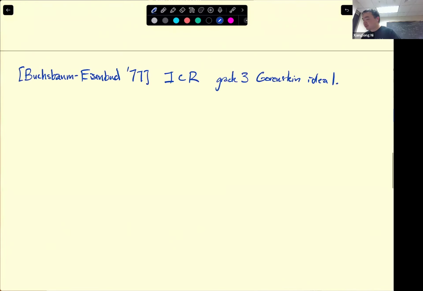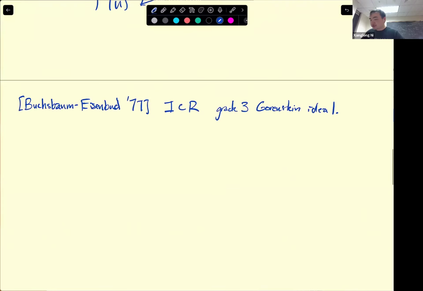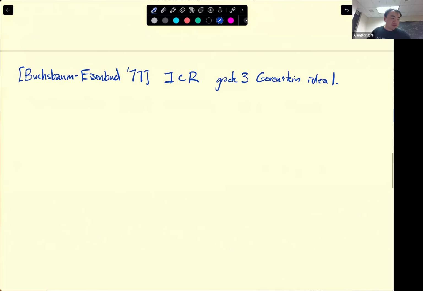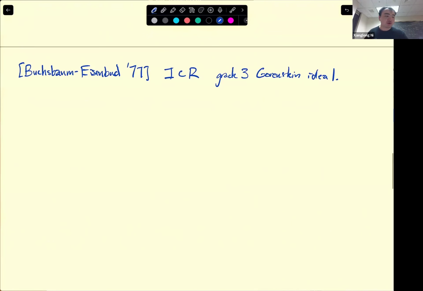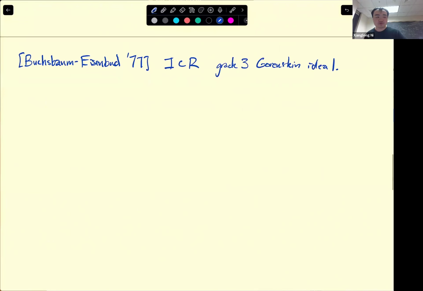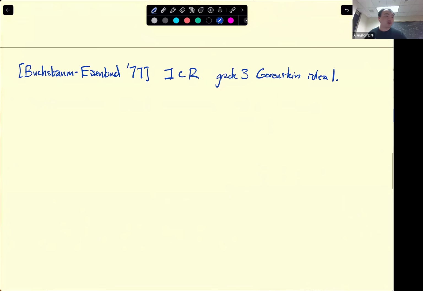And in this talk, when I say Gorenstein, I just mean that it's perfect and the last Betti number is 1. So in the usual setting, for instance, the ambient ring is a regular local ring, this just reduces to the usual definition that R mod I is a Gorenstein ring.